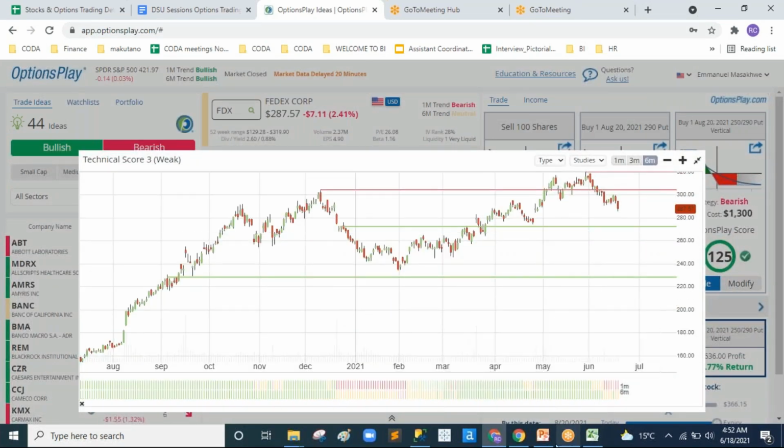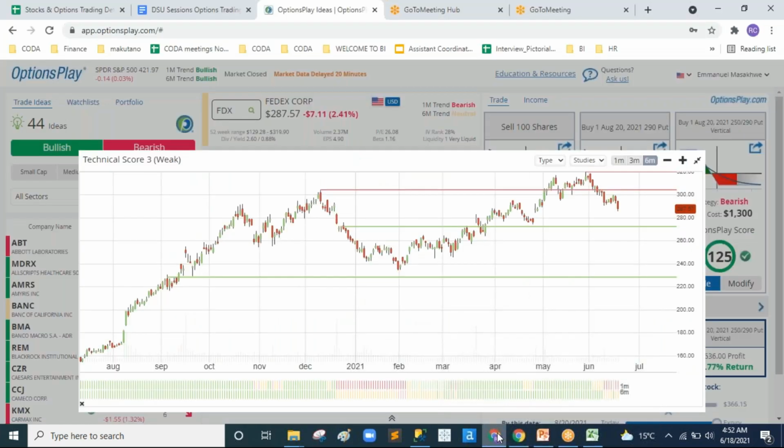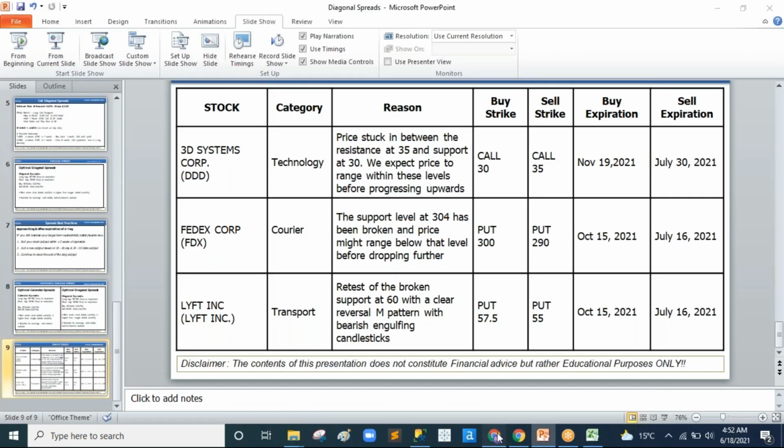My initial rationale here was that the support level at 33 or 34 has been broken and price might range below that level before dropping further. This was on Sunday. Support at 33 or 34.